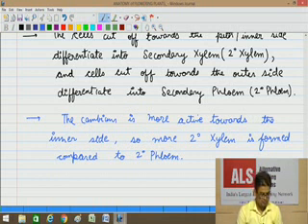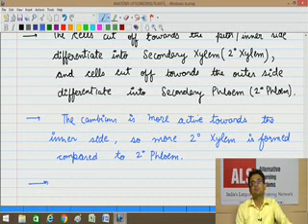All right. Now, because of continuous activity of forming xylem, primary and secondary phloem will always get crushed, and new phloem has to be formed continuously.